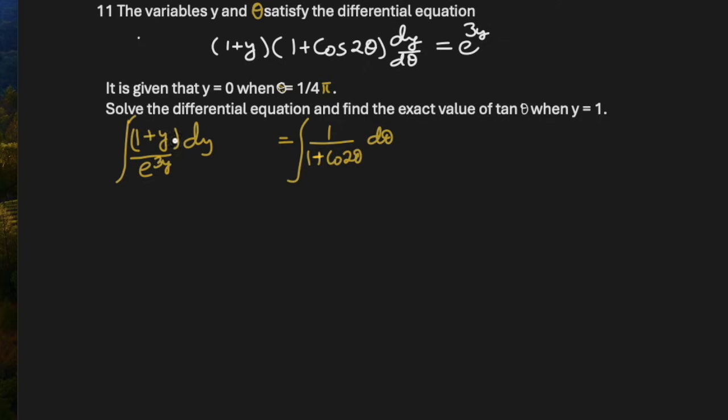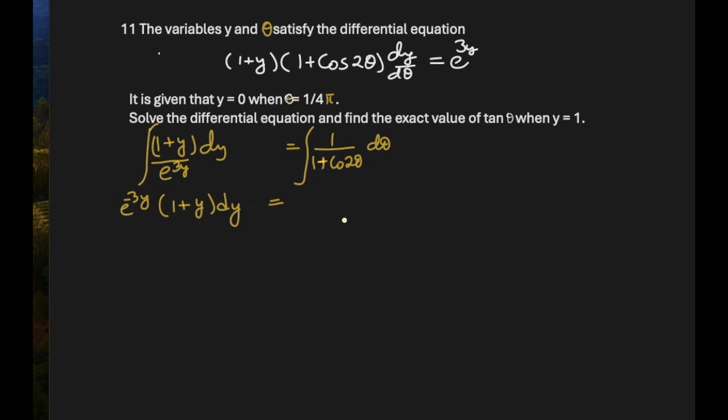So it will be with respect to y, it will be with respect to theta. Okay, 1 plus y, let me put e to power minus 3y on top. So when we make it a numerator, the exponent will become negative. 1 plus y dy is equal to, I'll have to make some changes here.